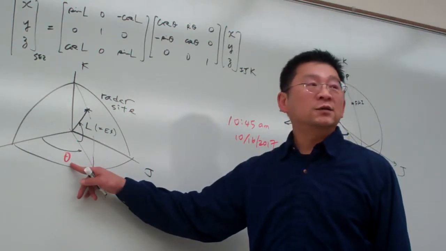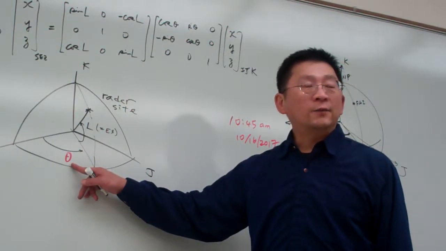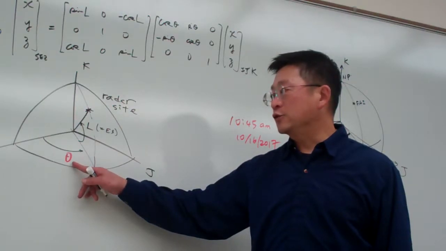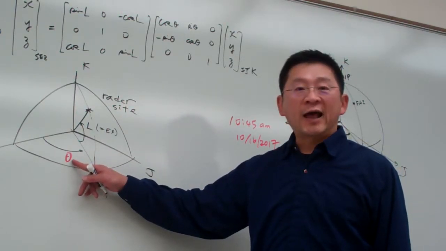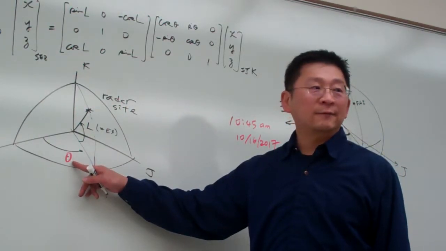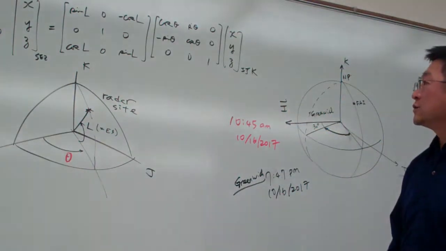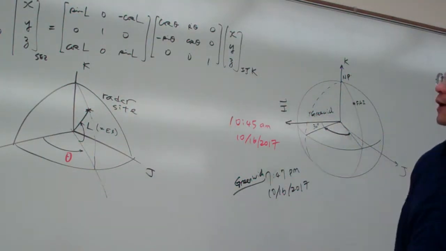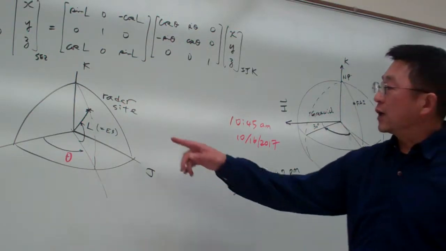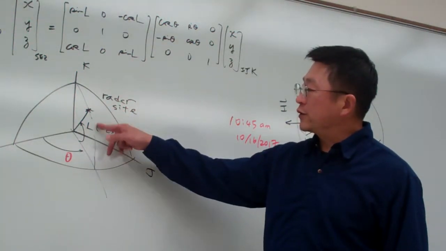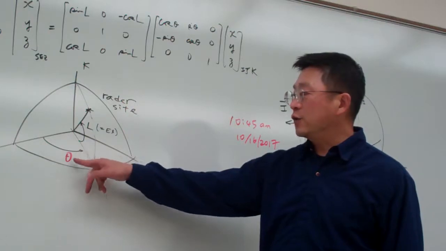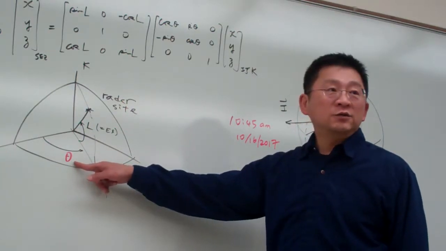And actually, in our follow-up homework, we will have one or two questions asking you to exercise the theta. Okay. So in this way, we have this formula in mind, and quickly, as long as we know the radar side, we have a latitude, and we will learn how to determine theta.